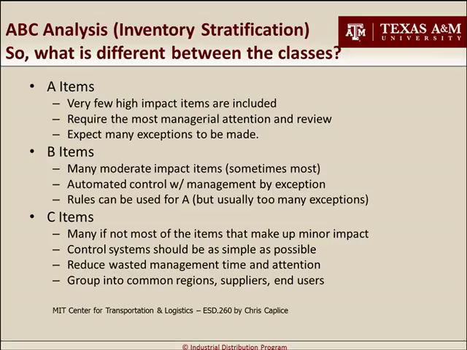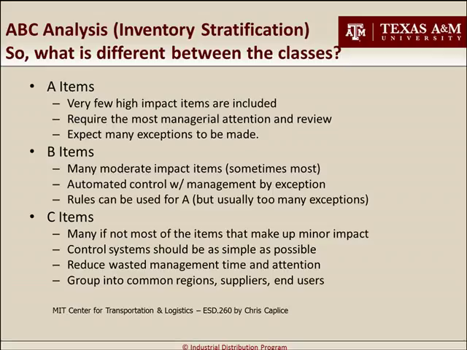In general, A items are very few high impact items. They require the most managerial attention because they are crucial for our business, and you need to make a lot of exceptions. B items are the second category. These are many moderate items. You can still manage with automation.